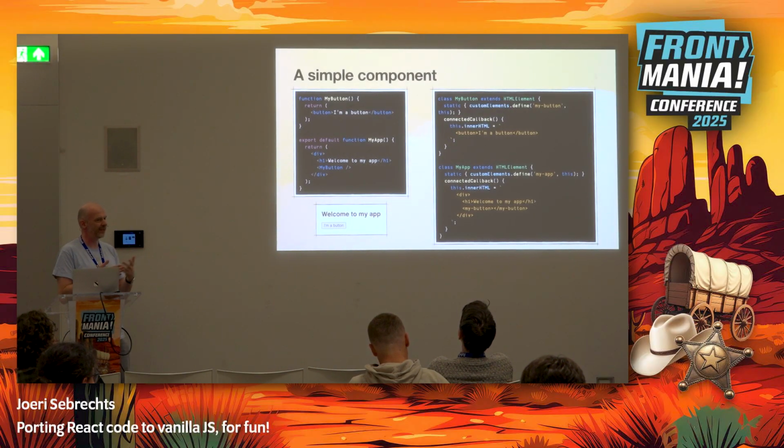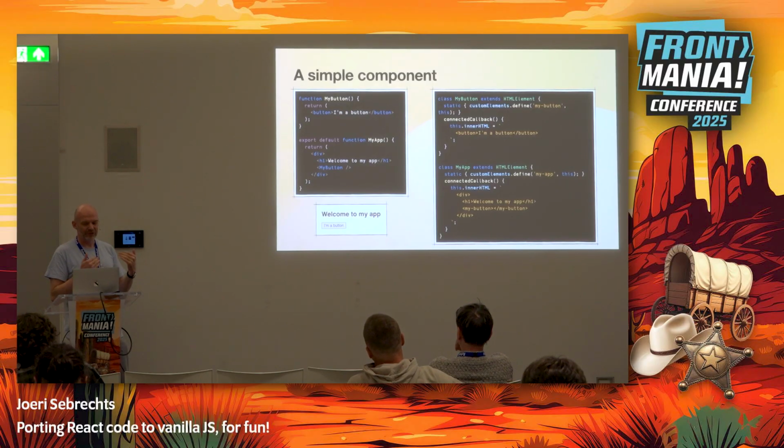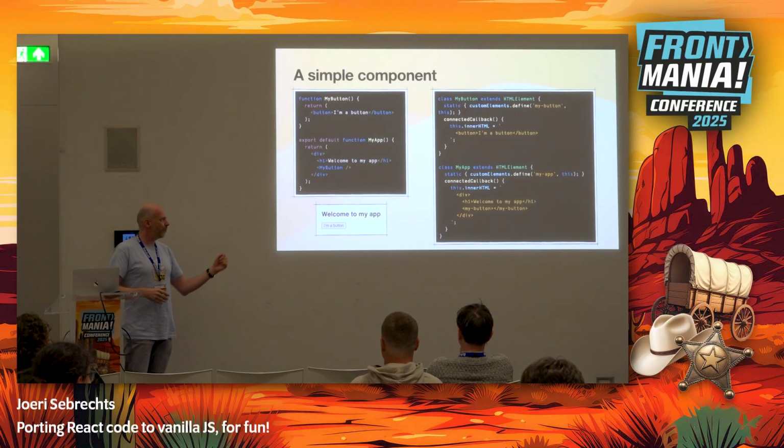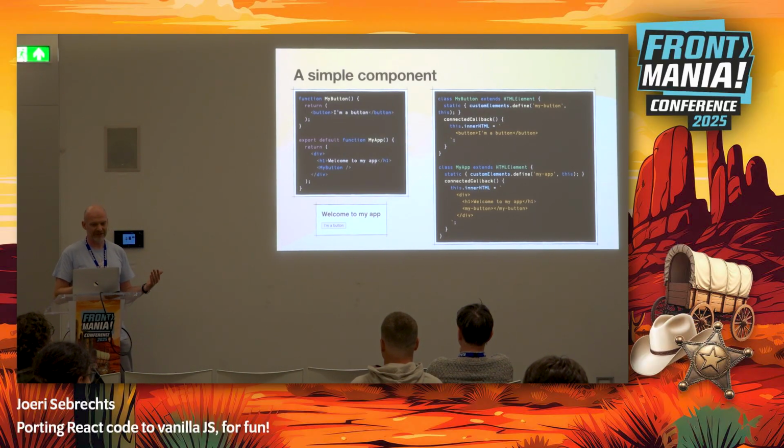We give it a tag, and then we give it the class, in this case this, and in this way our button gets registered so that we can start using it. The same for app. We can also define the app component as a custom element in this way. And as you see at the bottom there, we can use the MyButton tag in the markup, and it will work because we've already defined it in the custom elements API.